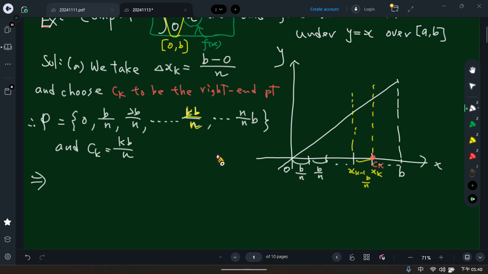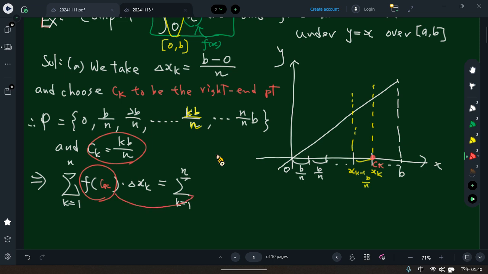So therefore, we can try to calculate its Riemann sum, right? So sigma k is from 1 to n, f of c_k times delta x_k.